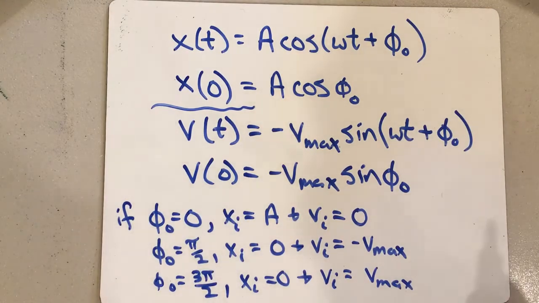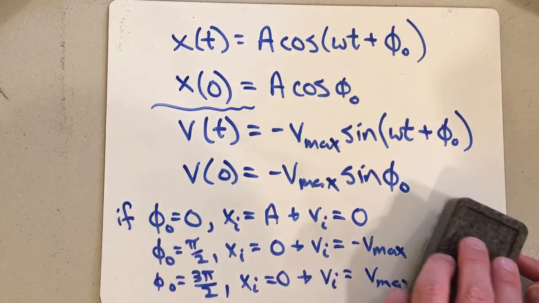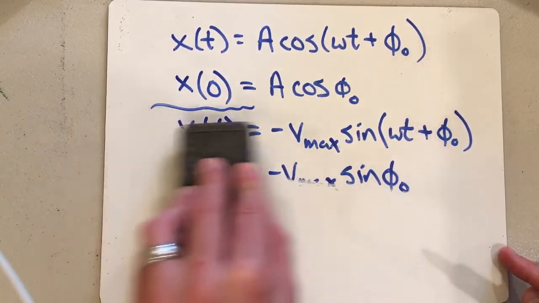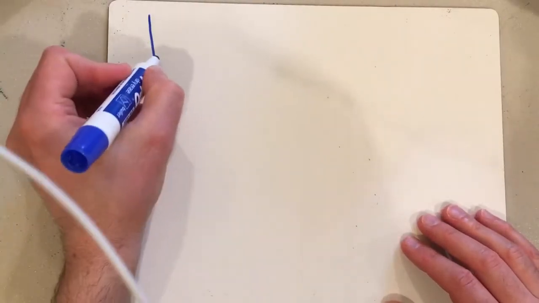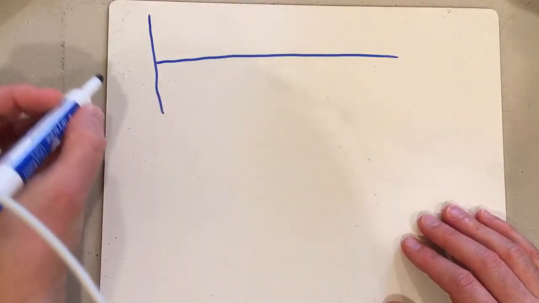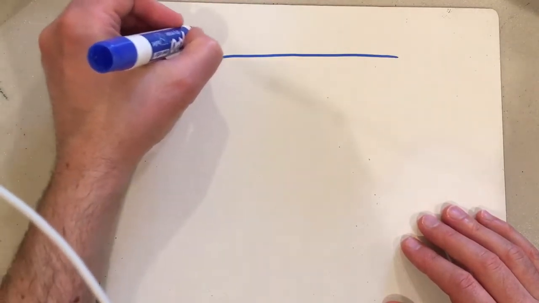And the last thing I want to take a look at is how to tell by looking at a graph. What are you looking for? Okay. So I'm just going to make a graph here, and I'm going to draw one like this.